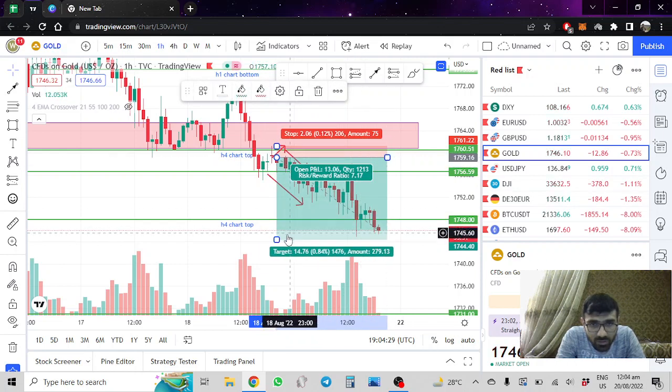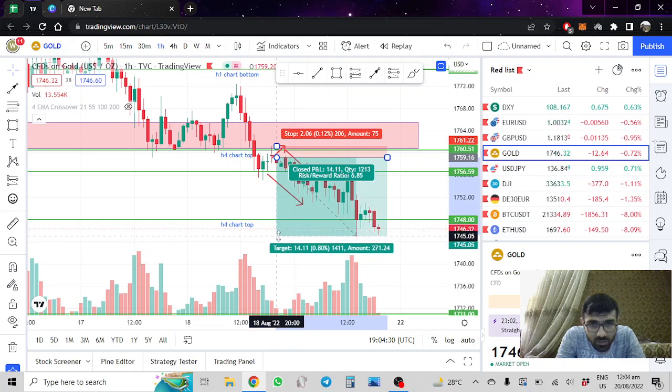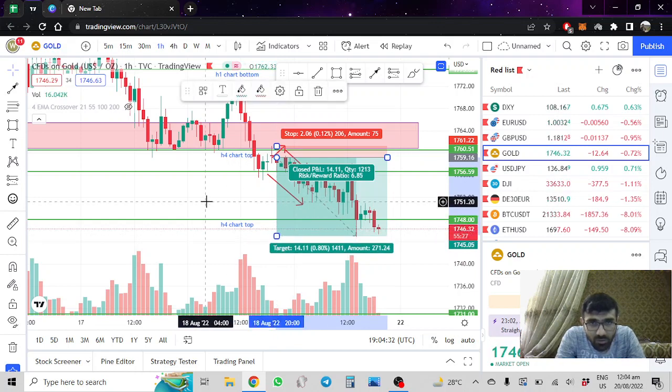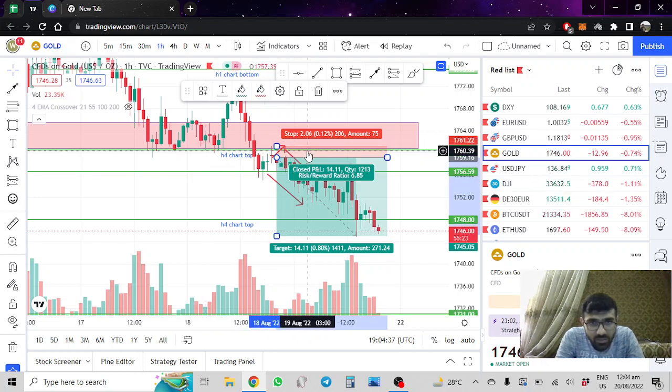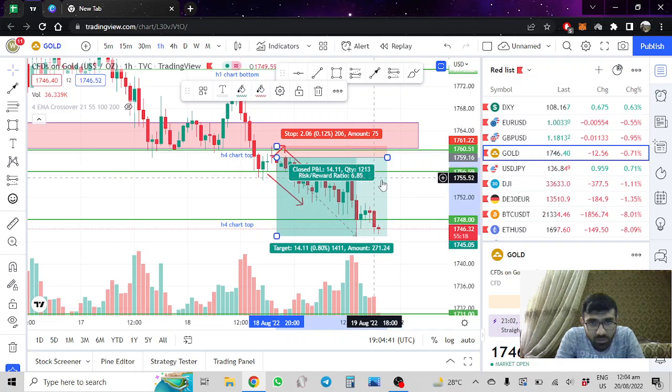If I was a cautious trader, then this area was tested and I shorted from here, and the risk to reward that I took was 6.8, meaning the risk to reward is 1 by 6.8, which is huge.